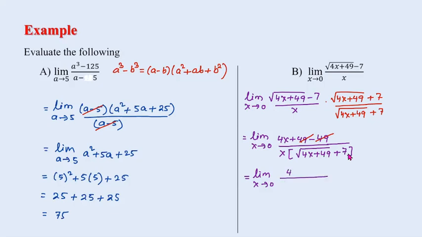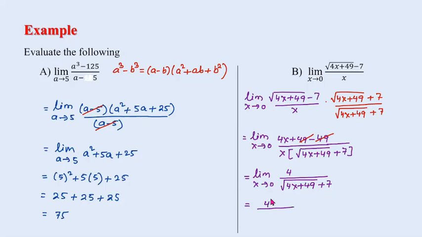over the square root of 4x plus 49 plus 7. So now what we see is this x that was making 0 in the denominator got canceled here, and we don't have that x anymore. So now we can perform direct substitution. 4 in the numerator.